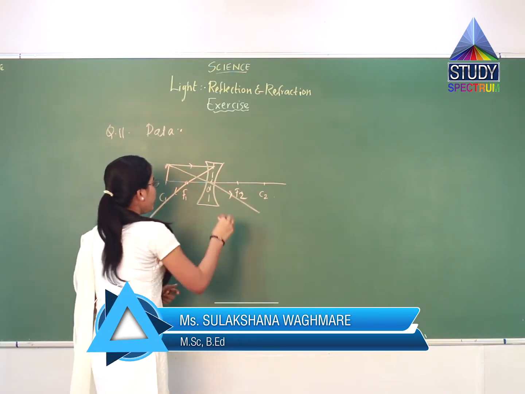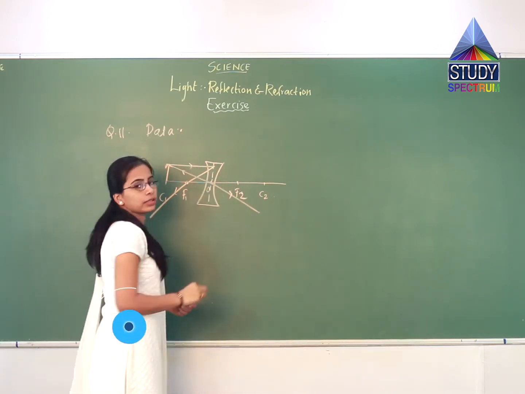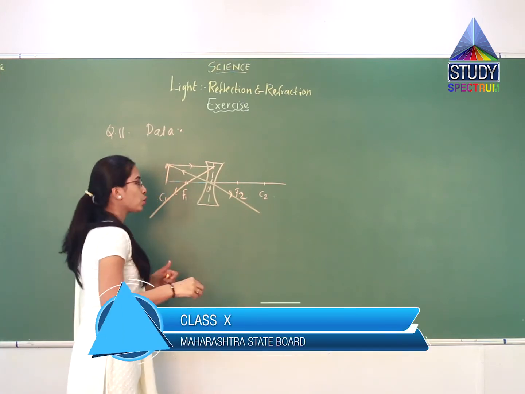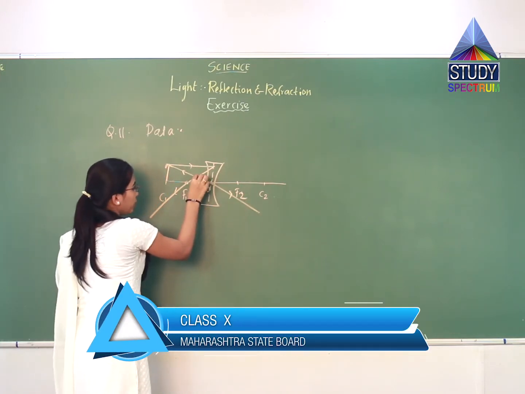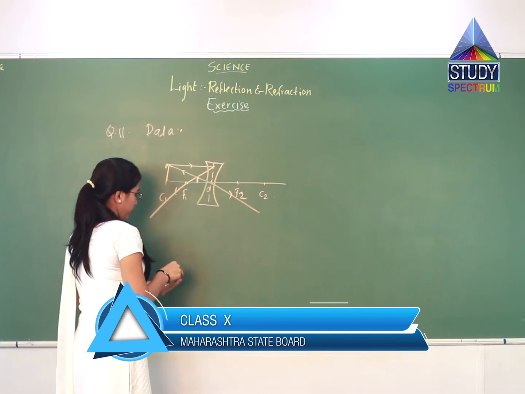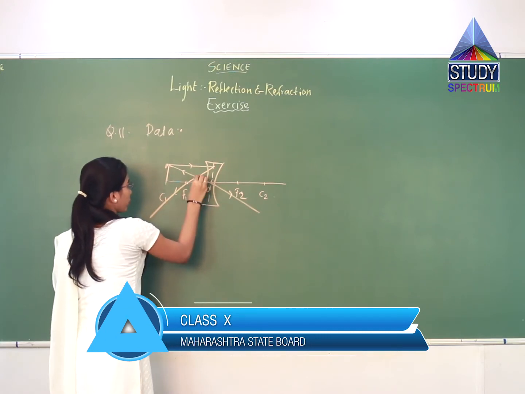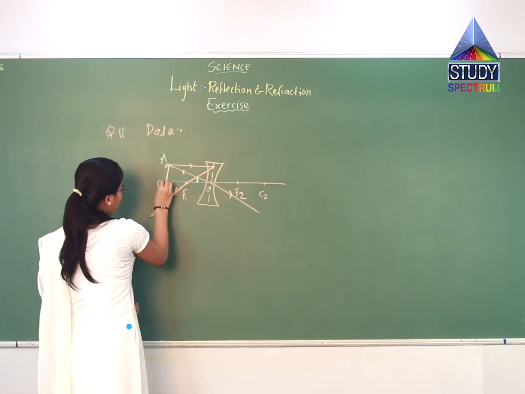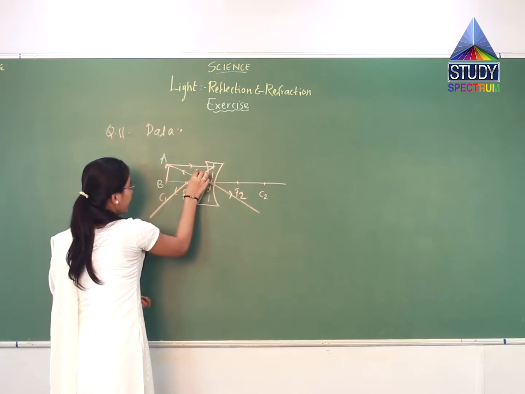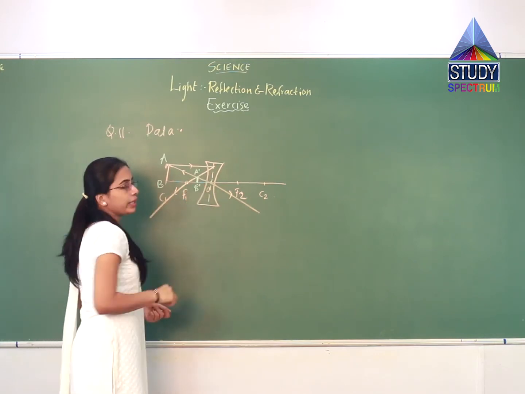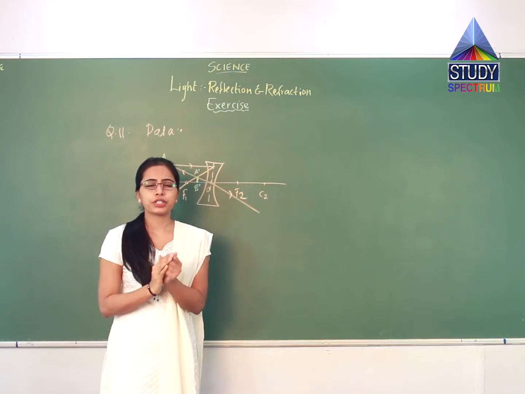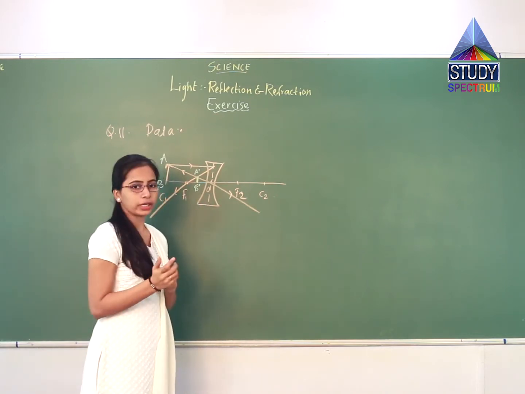And obviously it is going through origin, it will get back reflected. So you can see here you will get the image. Suppose this is AB, here you will get A dash, B dash. The image is erect but it will be smaller in size.